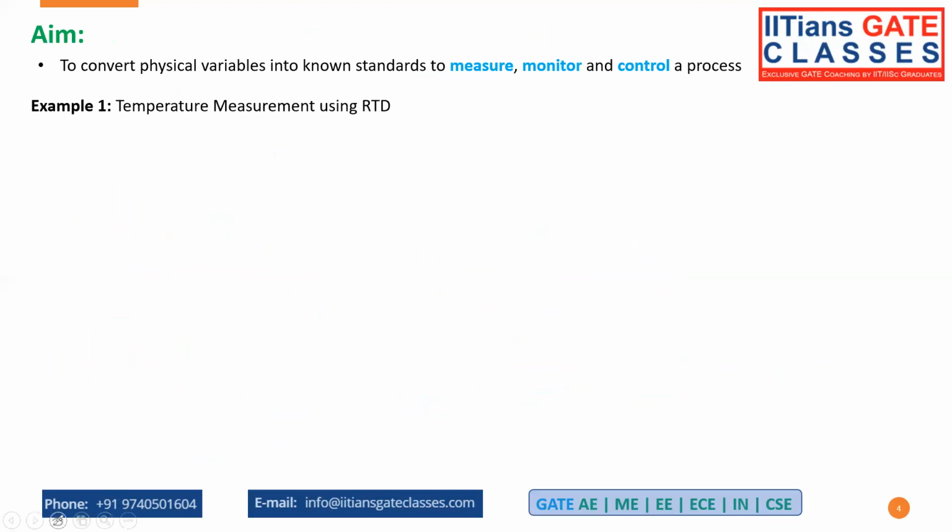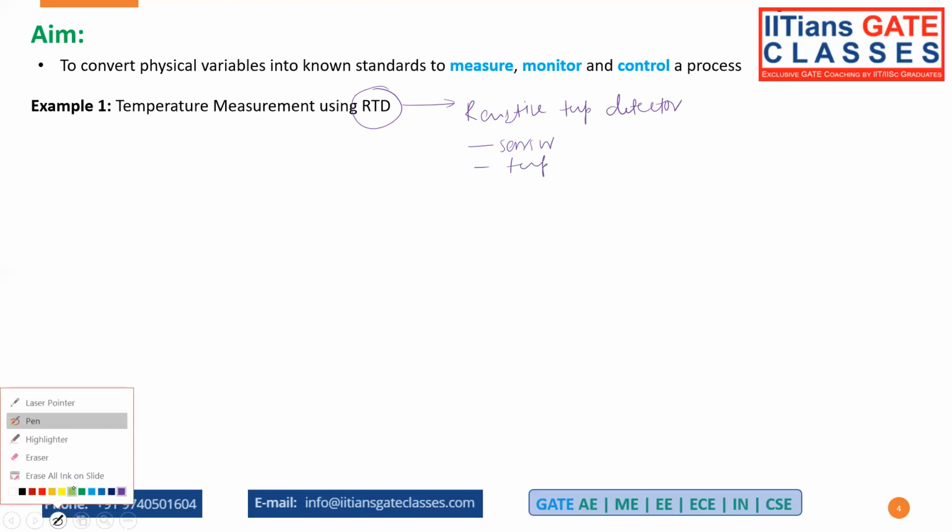What is RTD? RTD stands for resistive temperature detector. And this is a sensor which measures temperature. So now you tell me what is the process and what is the sensor.